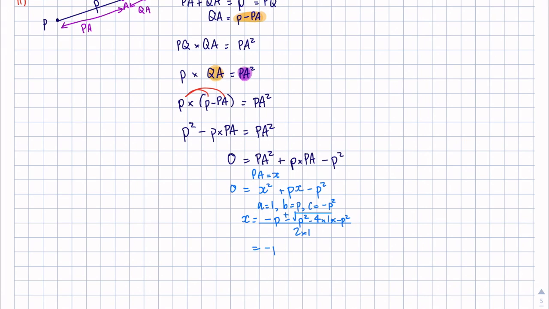So I got negative p plus or minus the square root of p squared plus 4p squared, which is 5p squared, all over 2. Which means, well, I can square root p squared, so I've got minus p plus or minus p root 5 over 2.